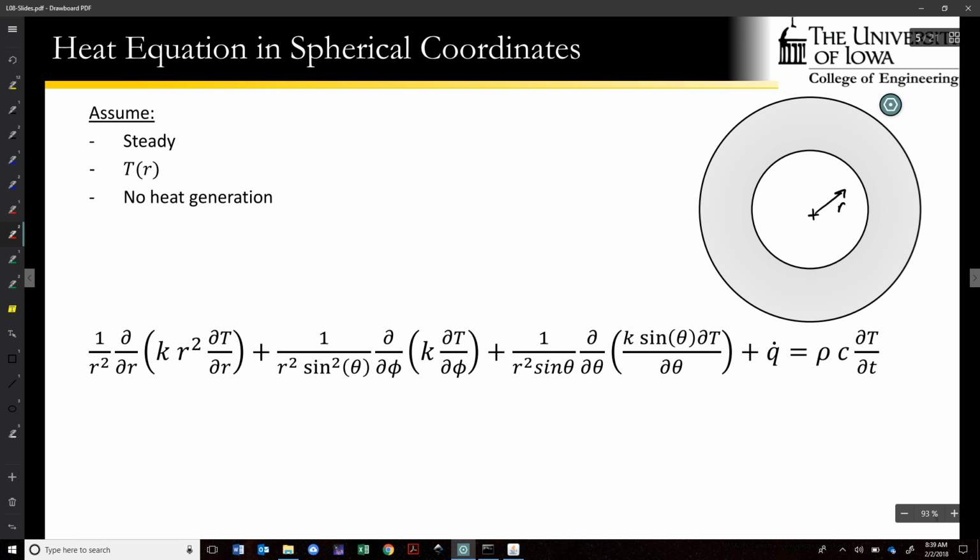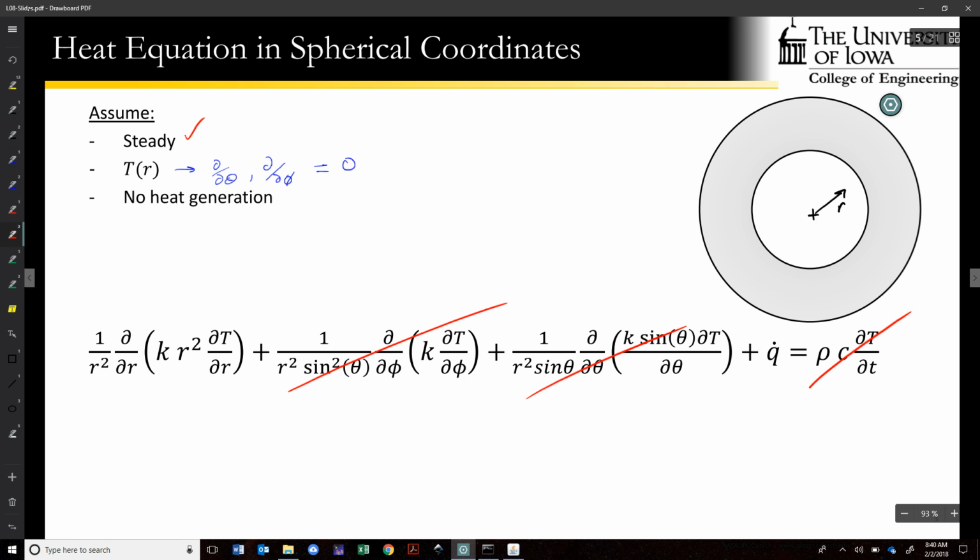If we look at steady heat conduction, it means get rid of all the d/dt terms. So over here on the right-hand side, that goes away, which takes care of steady. T is a function of r only means that any d/d theta or d/d phi terms equal 0, which means get rid of that one, get rid of that one.